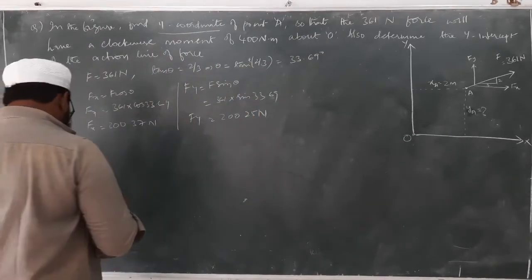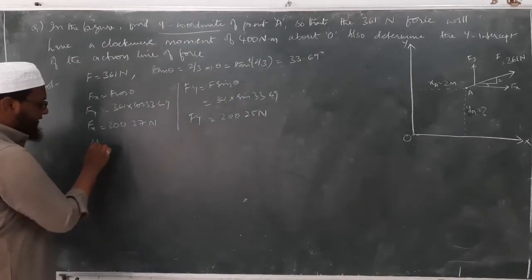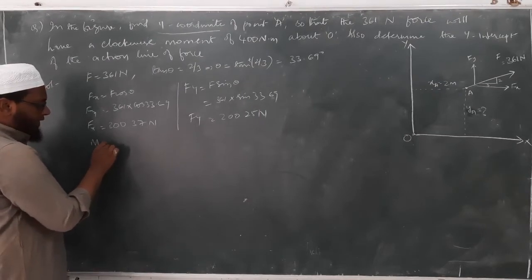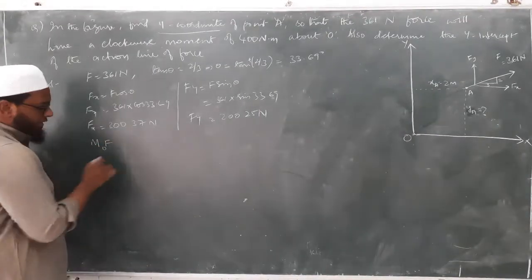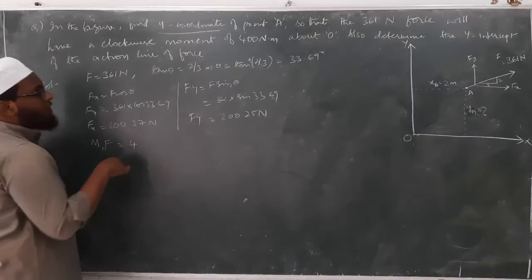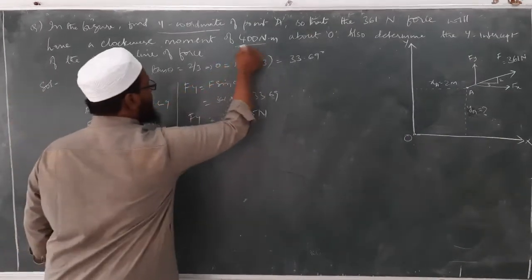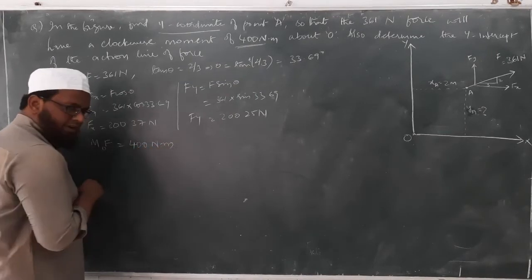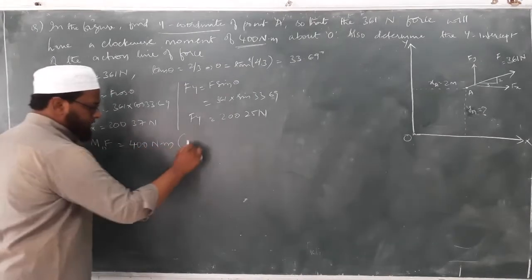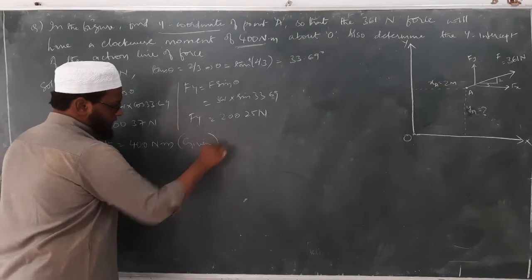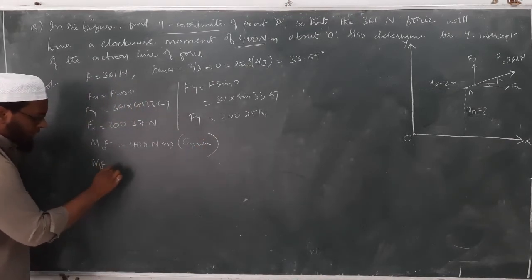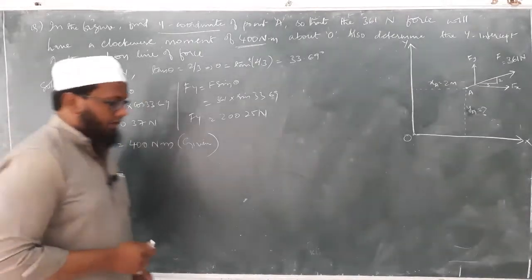The moment of F about point O is given as how much? It is given in the question, that is 400 newton meter. Now I will try to calculate the moment of F about point O again with our force.